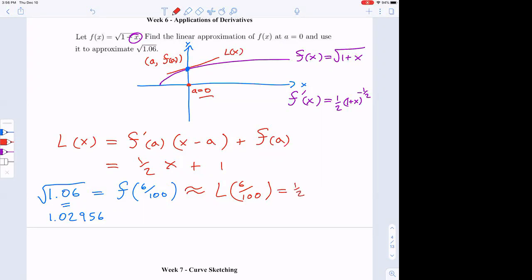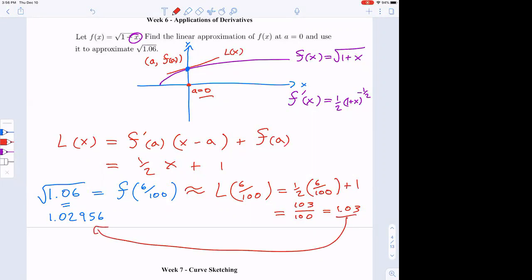It's 1/2 multiplied by 6 over 100, plus 1. So we have 6 over 200, and I can reduce that to 3 over 100, so 103 over 100, which is 1.03. Hey, that's pretty good.